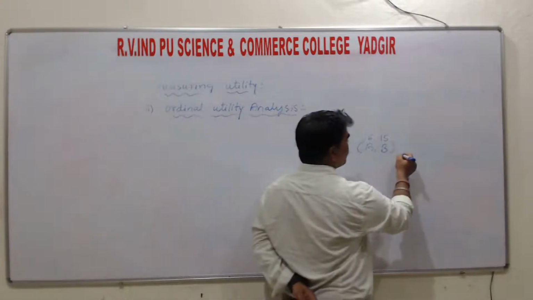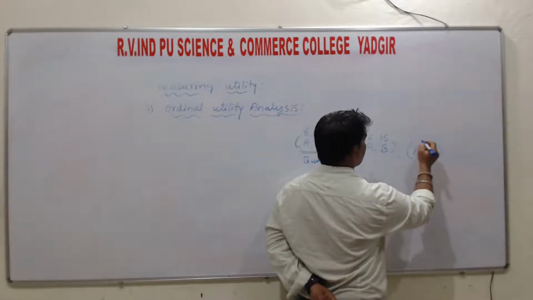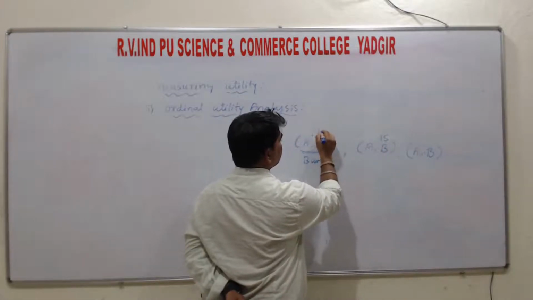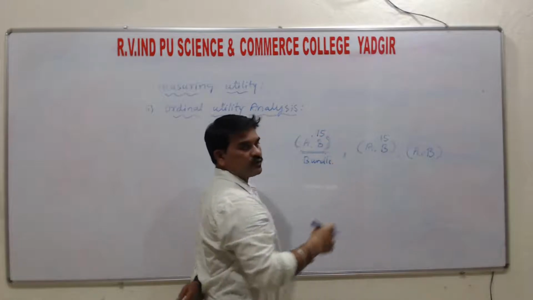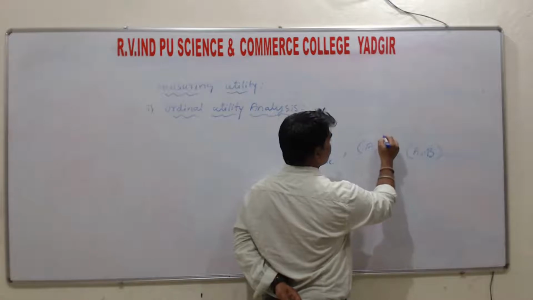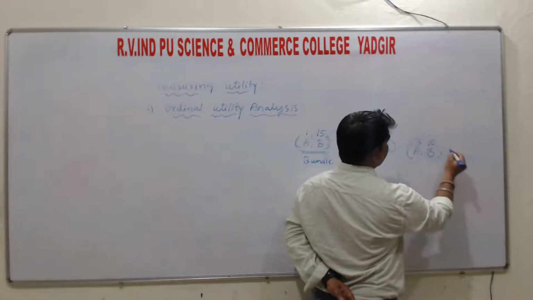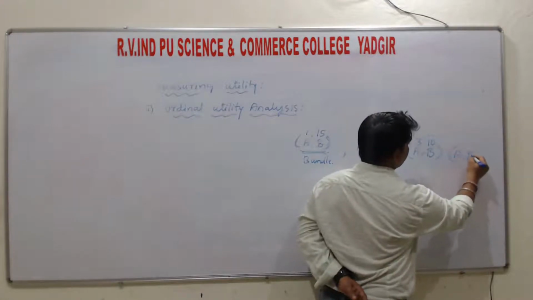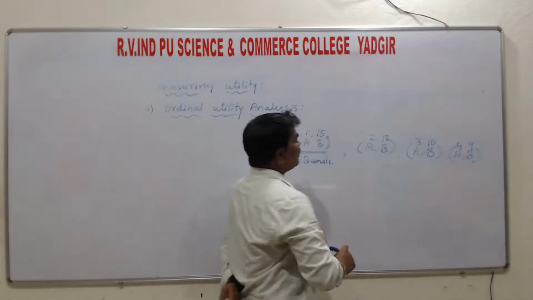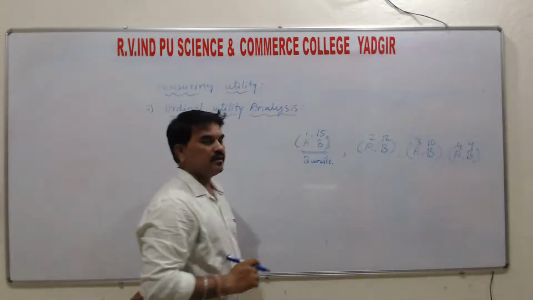And you can say another combination, and take these numbers; we can use them in the table and graph as well. That's why we take these numbers. So these are the different combinations.